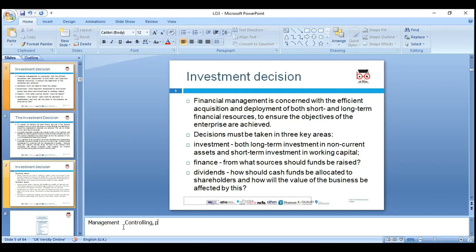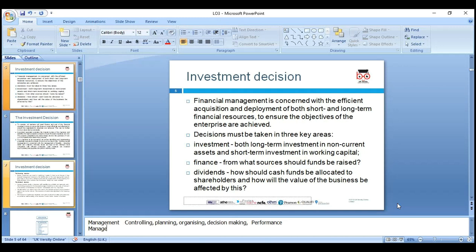So we'll say management is controlling, management is planning, management is organizing, management is decision making. To do with performance as well, monitoring performance. So all these are factors of management performance.